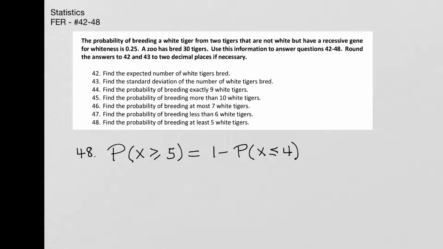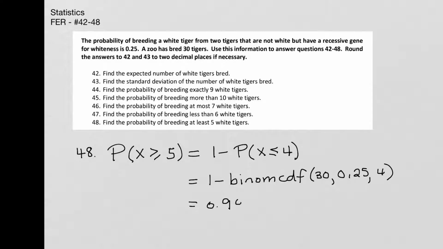That will be the opposite. And so we'll do 1 minus binom CDF. 30 is the number of trials, 0.25 is our probability, and 4 is the upper limit. And this gives me 0.9021, rounded to 4 places. And that's how you do those binomial probability problems.